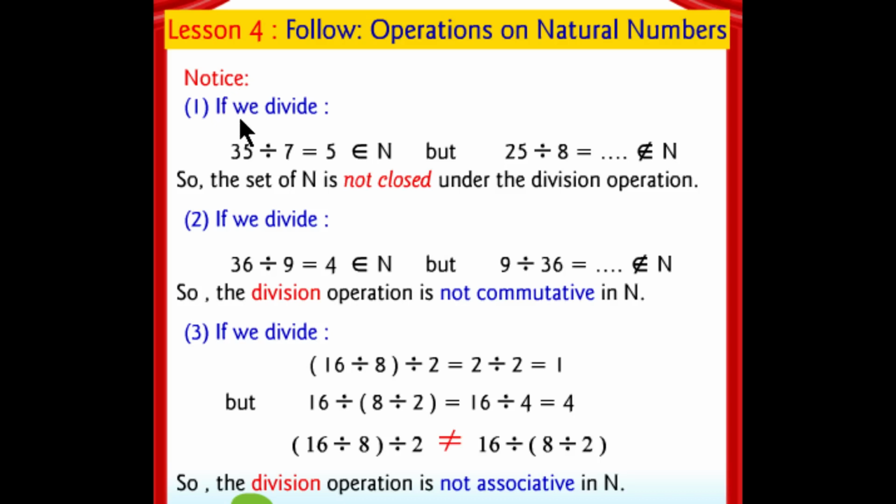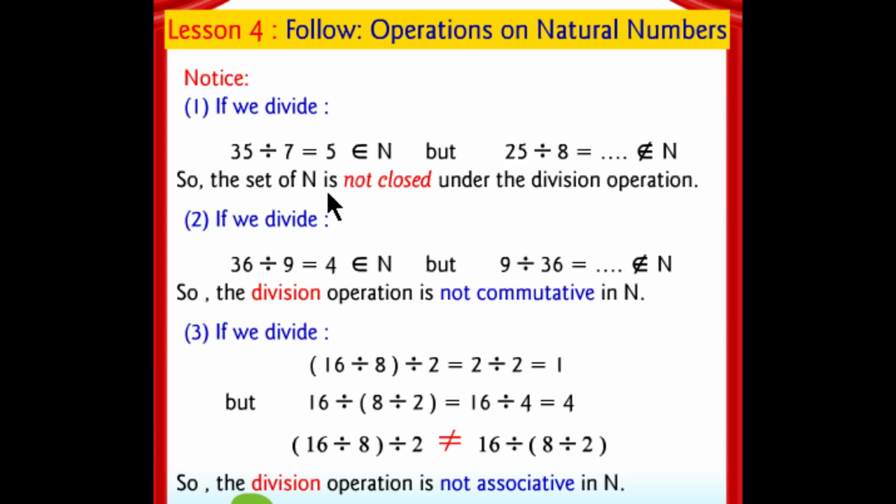Notice 1. If we divide 35 by 7 equals 5, 5 belongs to natural numbers. But 25 divided by 8 does not belong to natural numbers.